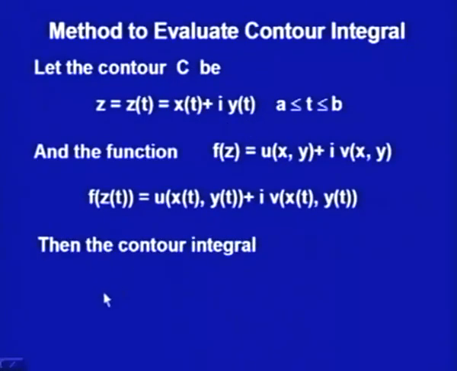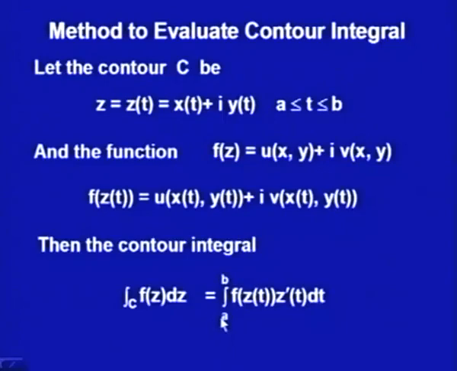So the contour integral we define as the integral from a to b of f of z(t) times z dash t dt. Why?